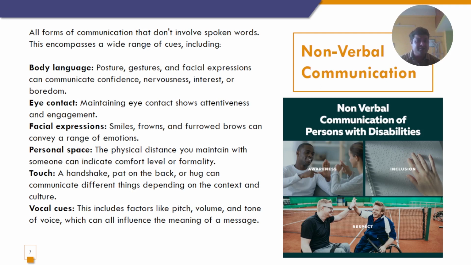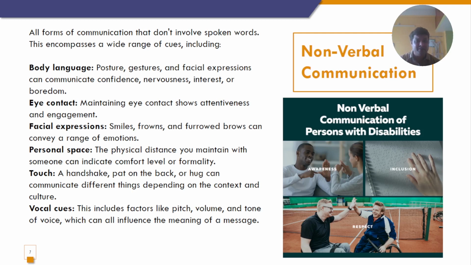Non-verbal communication: when a person wants to communicate to someone, he or she follows the following ways.